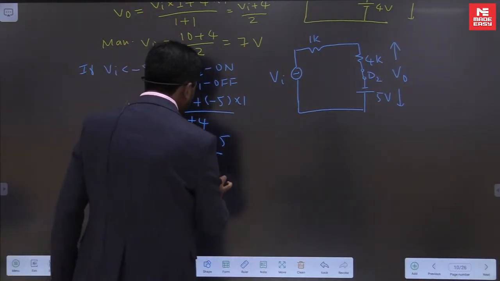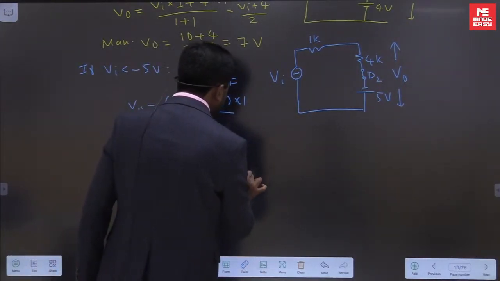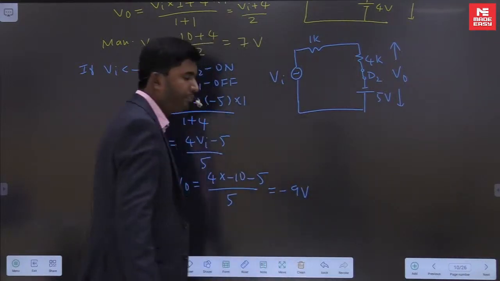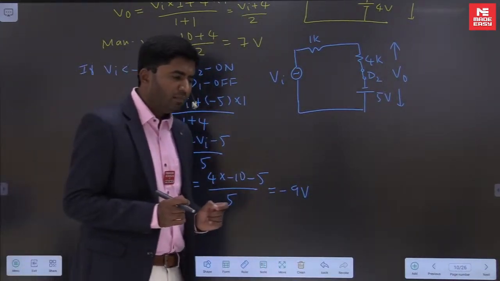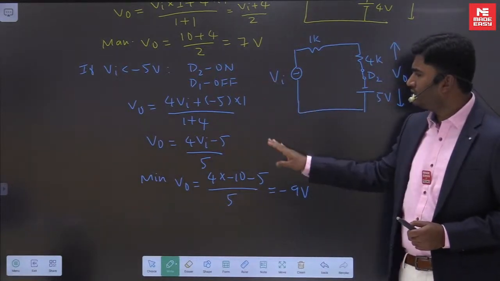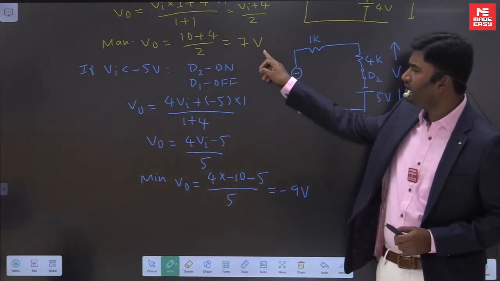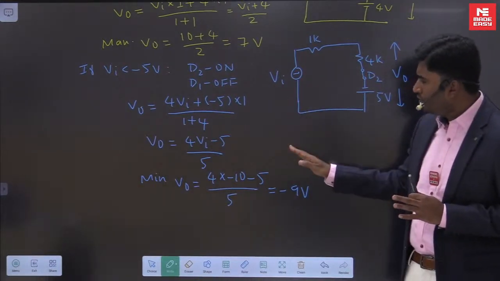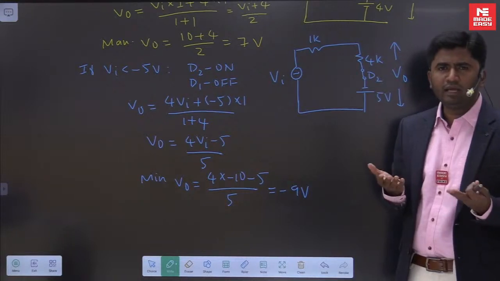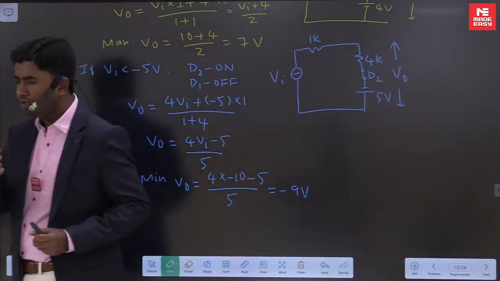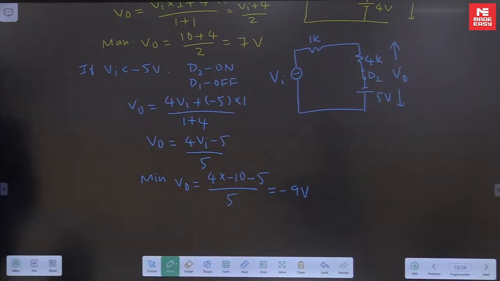Minimum output equal to (4 into -10 minus 5) divided by 5. It will give you -9 volt. Now in the exam, to decide which option is correct, you don't need to do all this calculation. Just get maximum V0 and you can easily decide which option is correct. This I have done only to give you clarity on how we calculate minimum output. So in this question, maximum output is 7 volt and minimum output is -9.